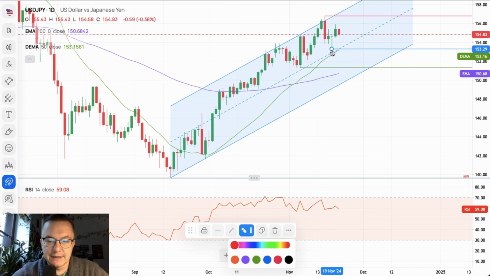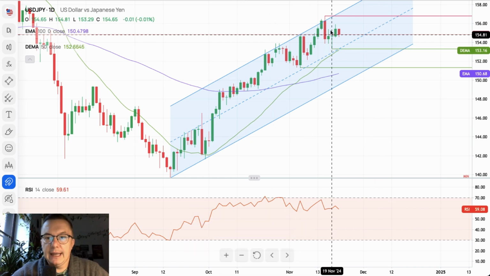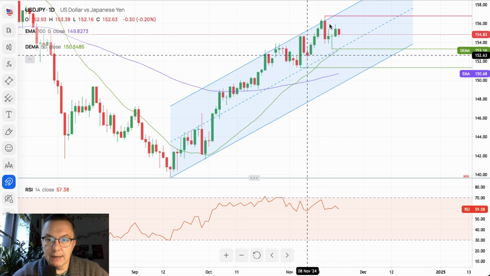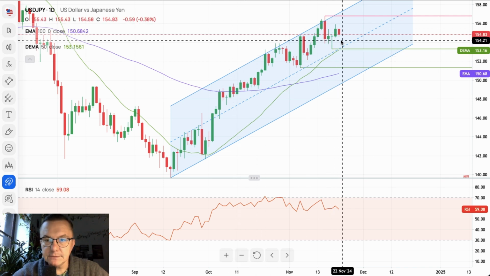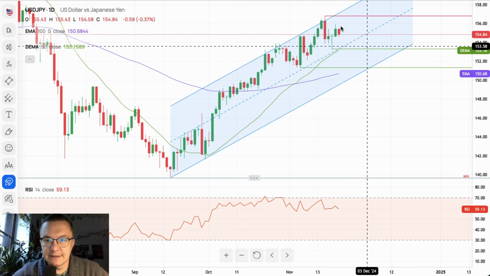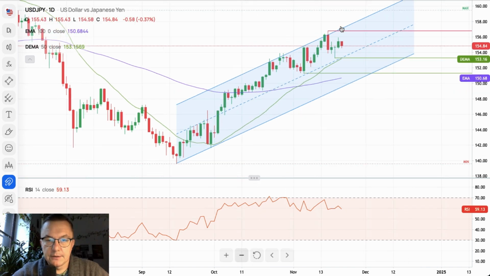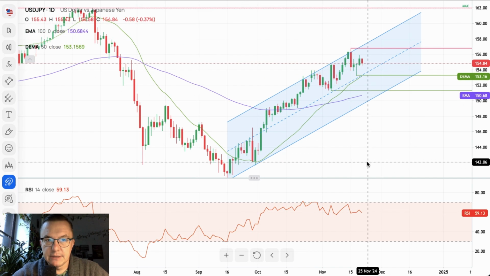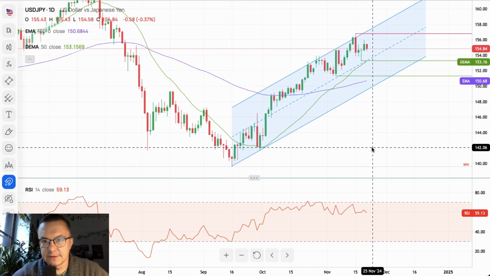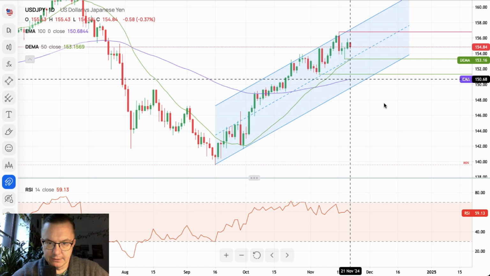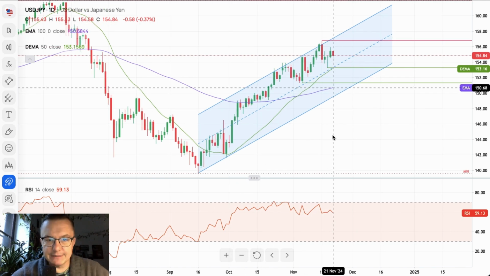So let me mark it as a local technical support, and the market is locked inside this range in the upper part of the rising channel. And how far are we from the swing high? Well, the swing high is 162, so that's quite far away, like 800 pips. So there is still opportunity for the bears to do their job.